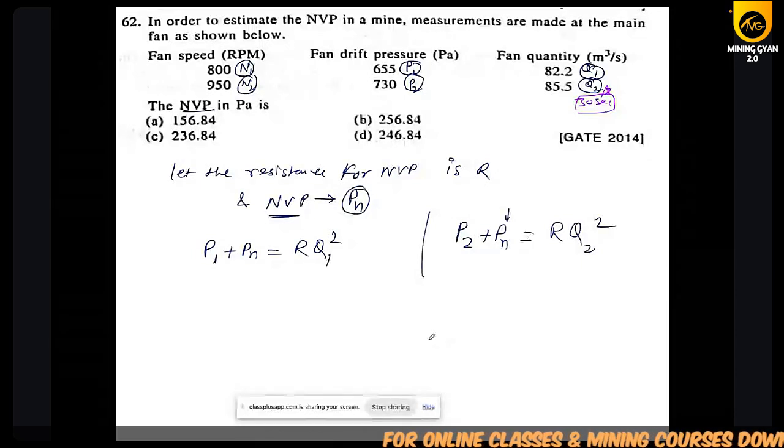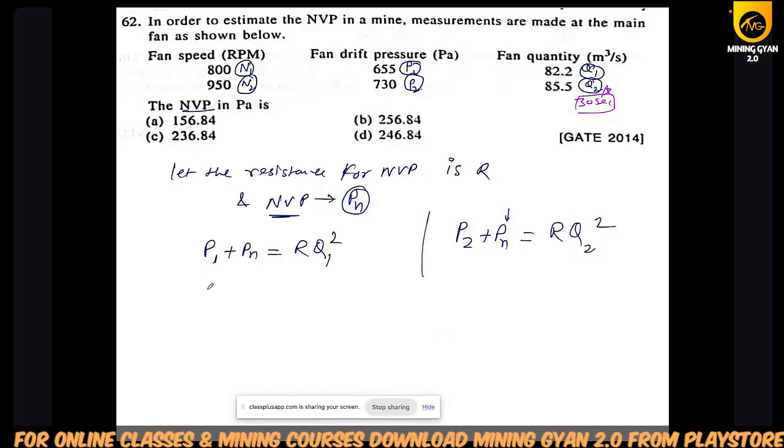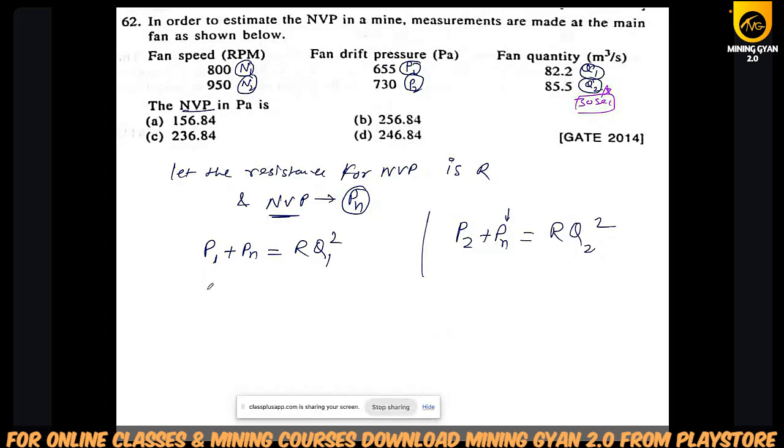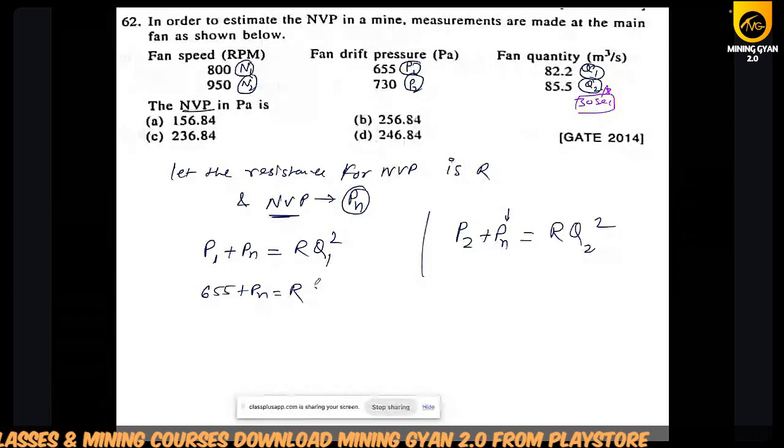Now if you put the value, P1 he has given, P1 is 655 plus PN, and R is just simply R. If he has not given the information, you can take R as R. Q1 is 82.2 square.